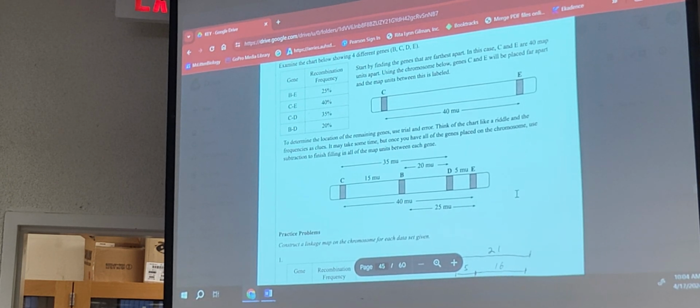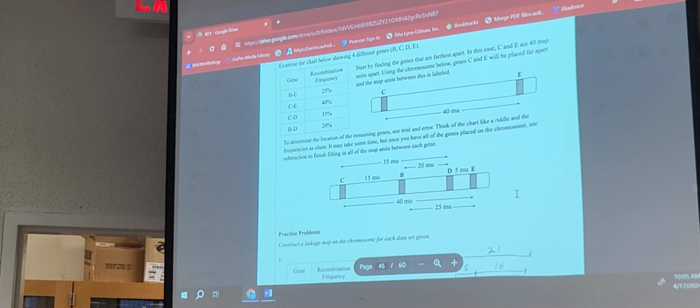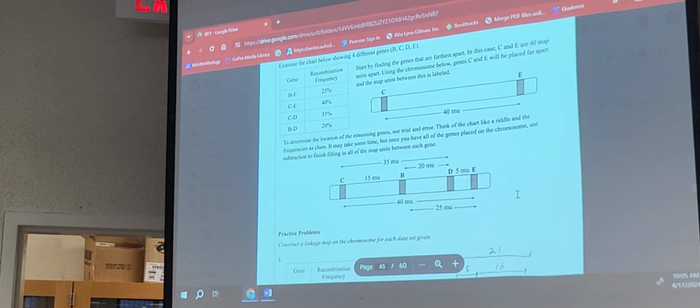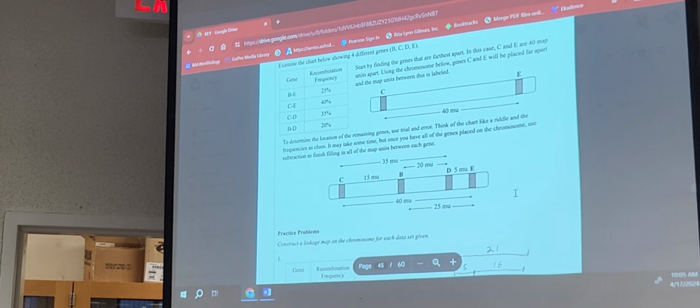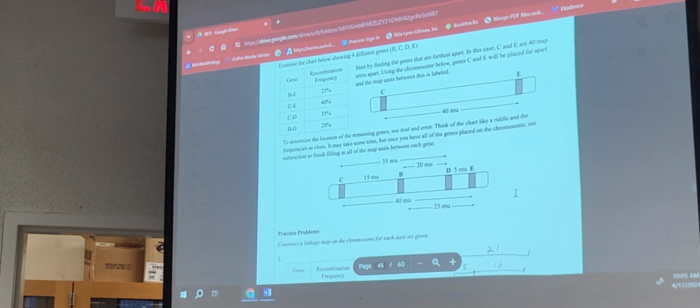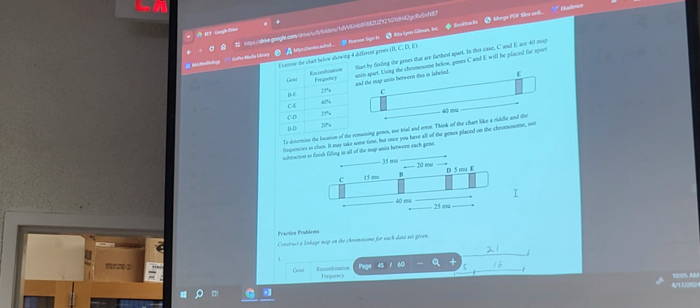As long as it's 25 from E, we don't know. So this distance here is 25, or it's 25 that way. We still don't know. Does that make sense? Okay. Then we've got BD is 20.